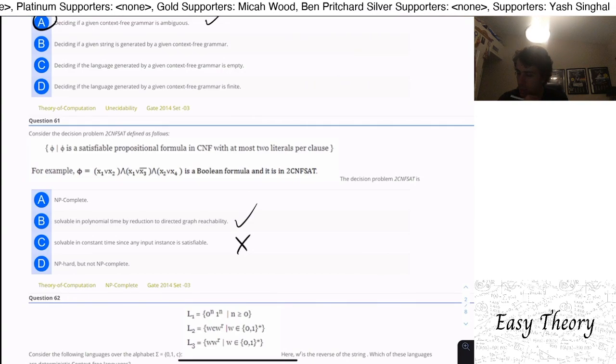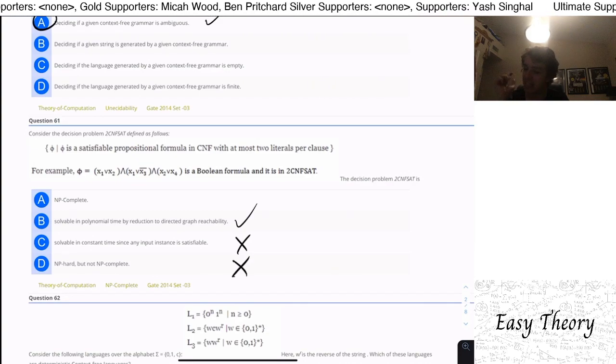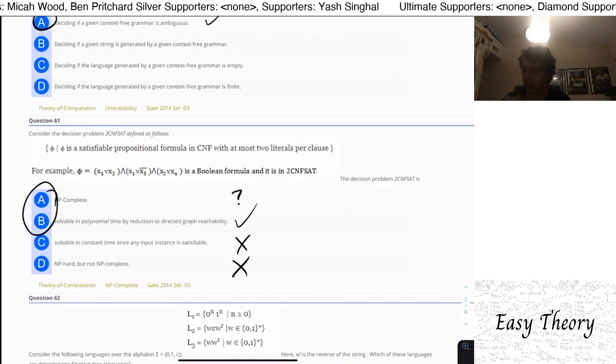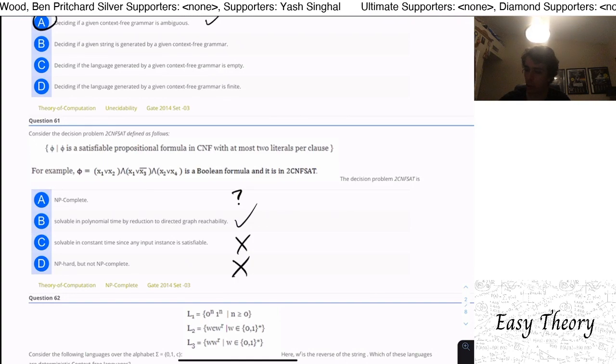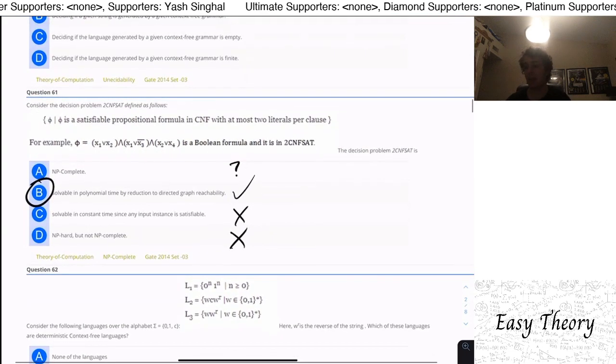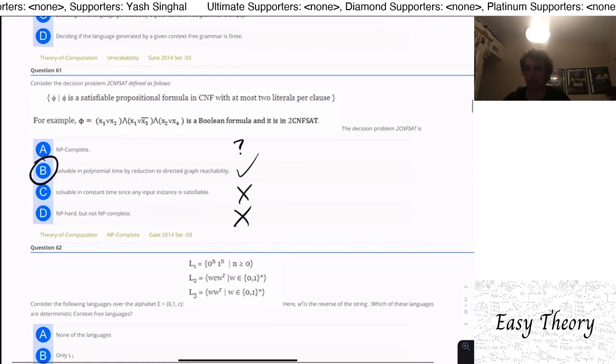NP hard but not NP complete, that's not true, because it is an NP. It might be NP complete, but we don't know the answer. So P is not equal to NP. So I would say that the true answer could be either one of these, but B is definitely true. So A could be true, it's just we don't know the answer.